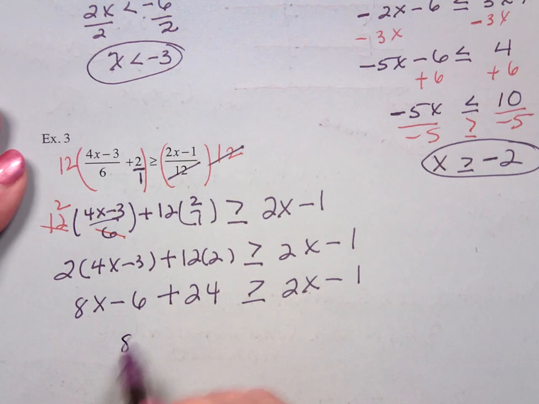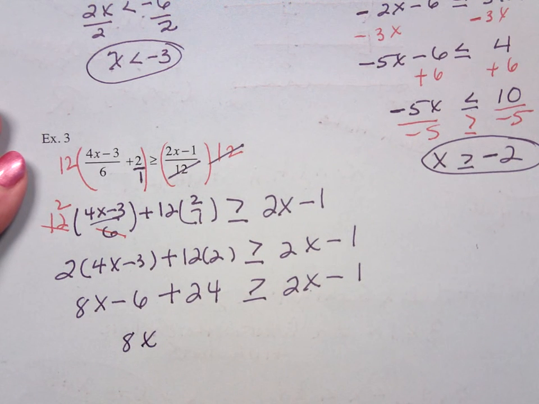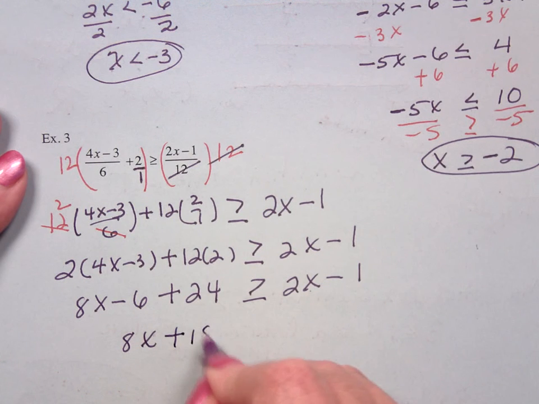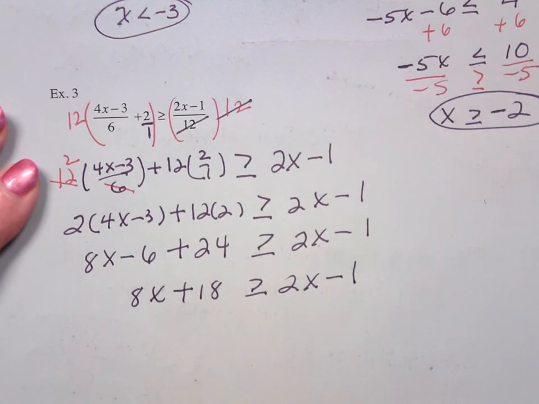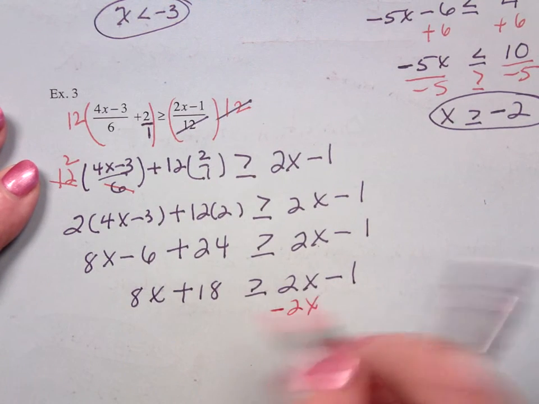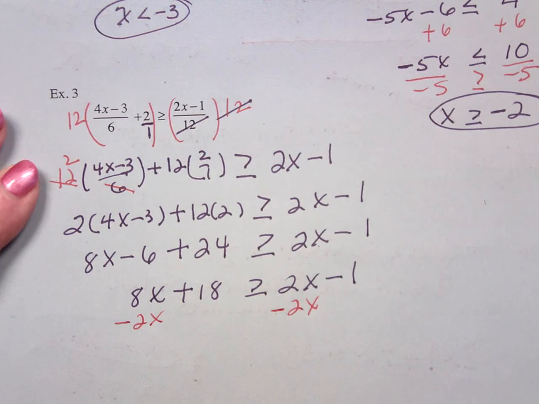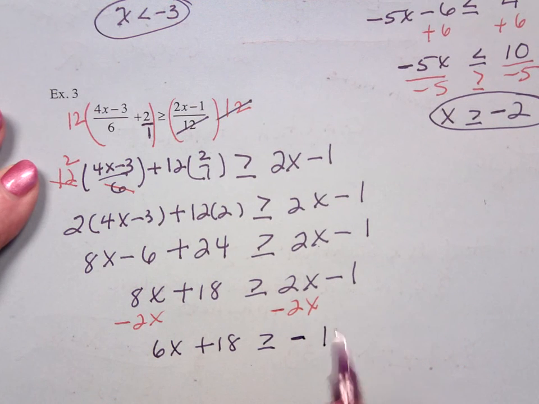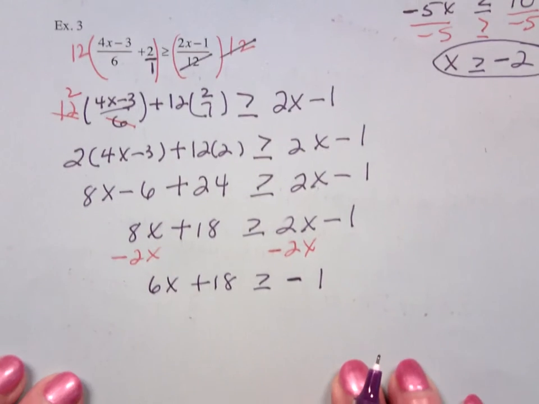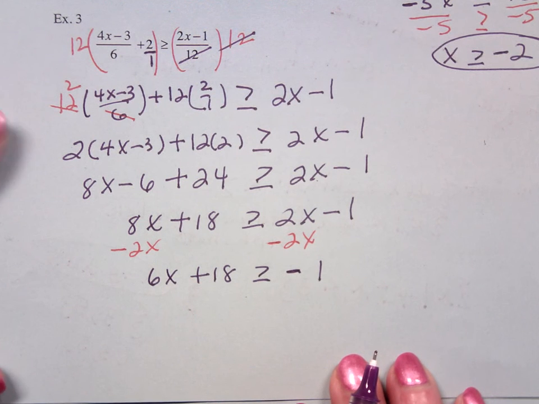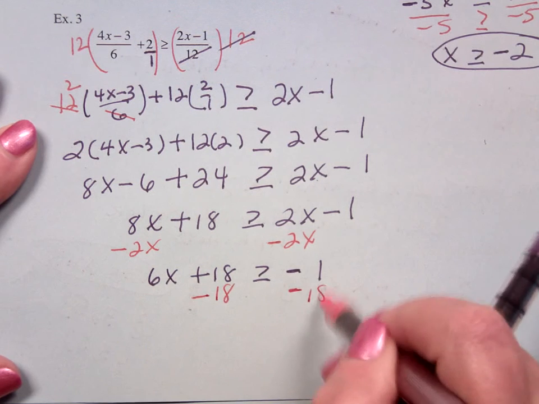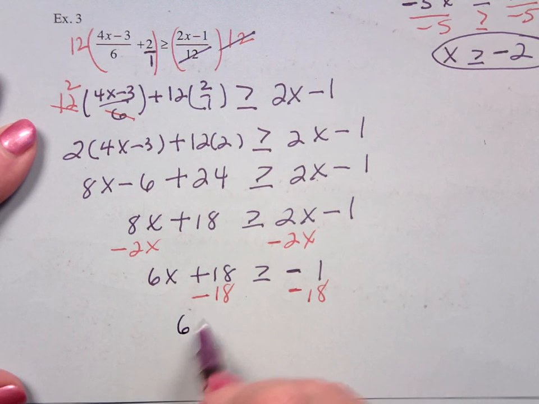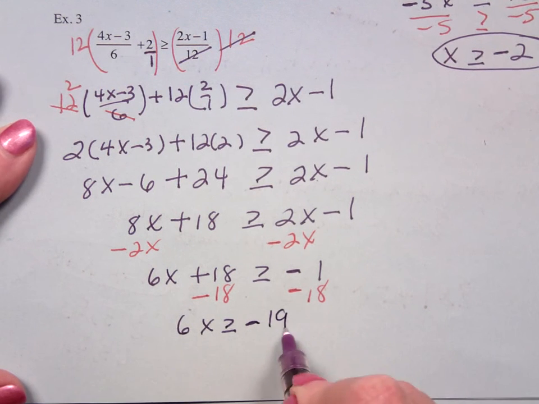Combine my terms, 8x, and then 24 minus 6, 18. I'm going to move my x's to the left, so minus 2x, so that 6x plus 18 is greater than or equal to negative 1. Minus 18, look at this, 6x is greater than or equal to negative 19.